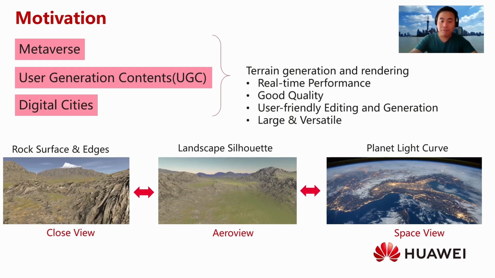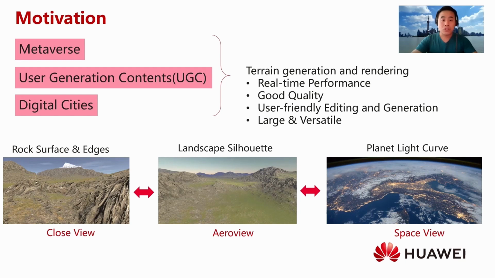It has a user-friendly editing and generation method. And lastly, it must be large, not only in spatial size, but also in maintaining a high fidelity in details, as it is a foundation for many other add-ons such as collision, vegetation, roads, rivers, etc.